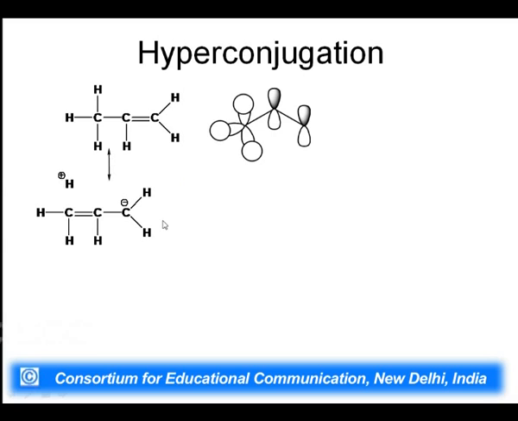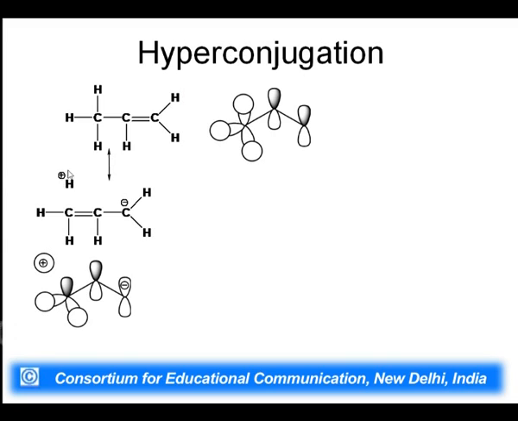So, what is happening here? You can see I have made one orbital structure in which this pi cloud has shifted its electrons completely towards this carbon, so that it carries a negative charge, and the electrons of this sigma cloud are shared with this p orbital as a pi bond, and this hydrogen goes out as an H plus ion.